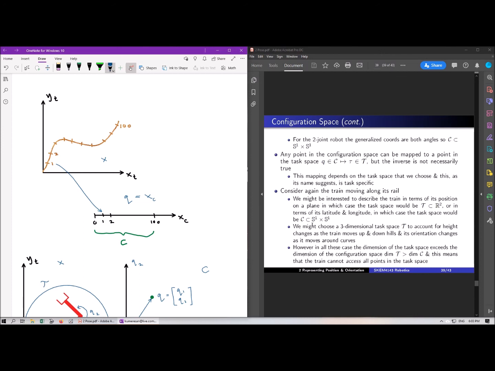We might choose a three-dimensional task space T to account for height changes as the train moves up and down hills, and its orientation changes as it moves around curves. However, in all these cases, the dimension of the task space exceeds the dimension of the configuration space. We know that the dimension of T, which is 2, is greater than the dimension of C, which is 1. This means the train cannot access all points in the task space.